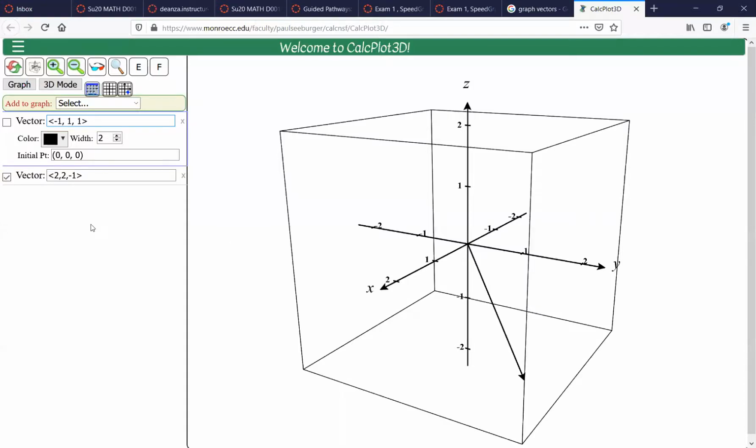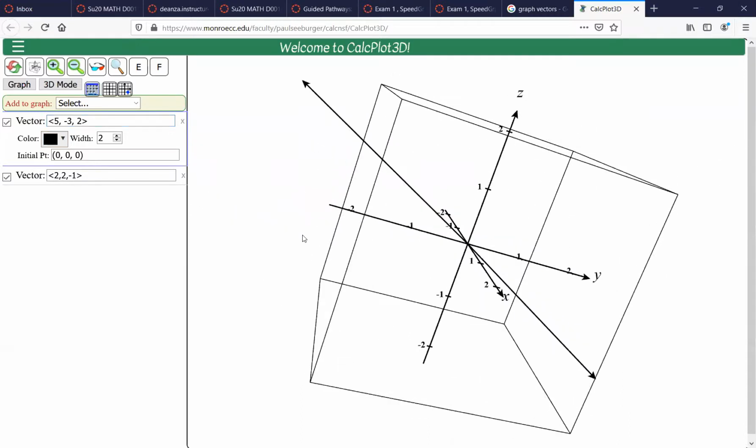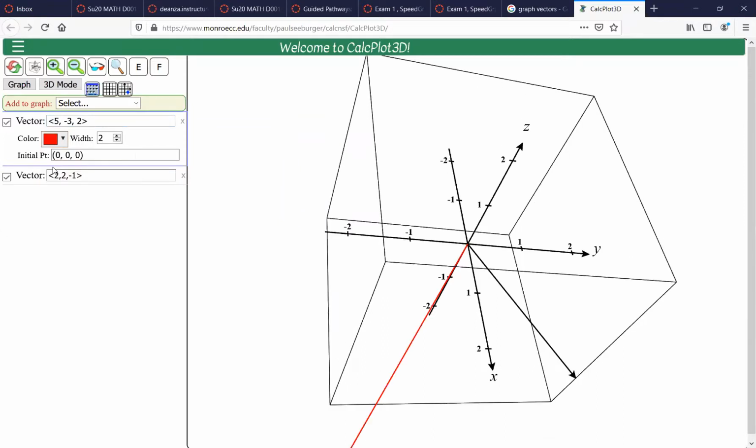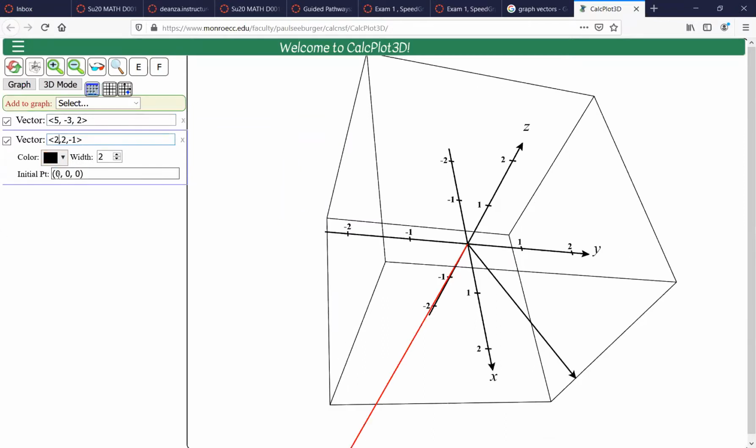So let us graph these vectors. The second one is 5, negative 3, and 2. Let us use a different color for this, red, and for this one, let us use purple.